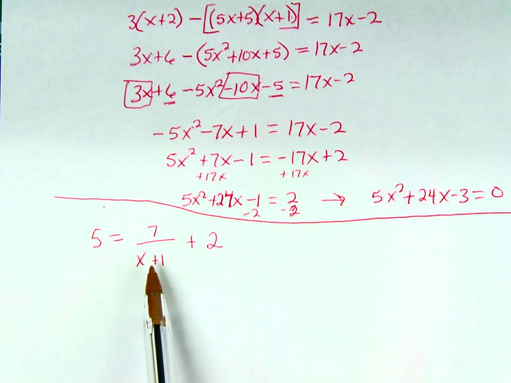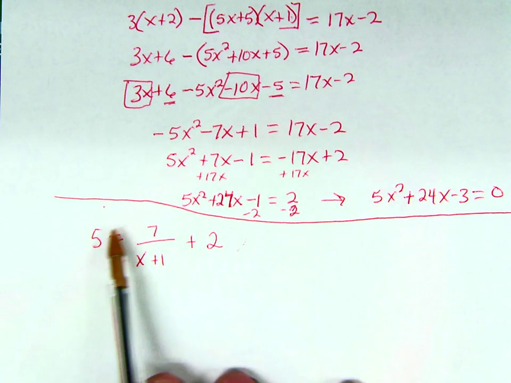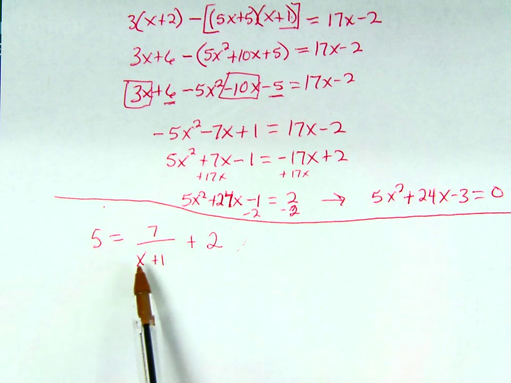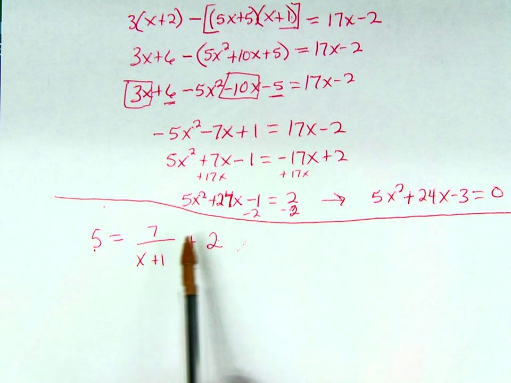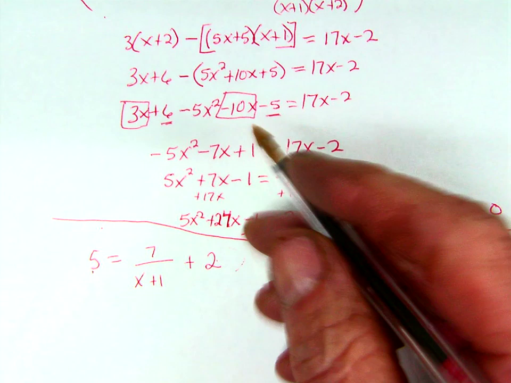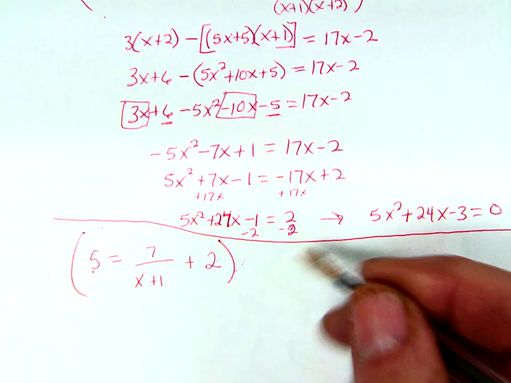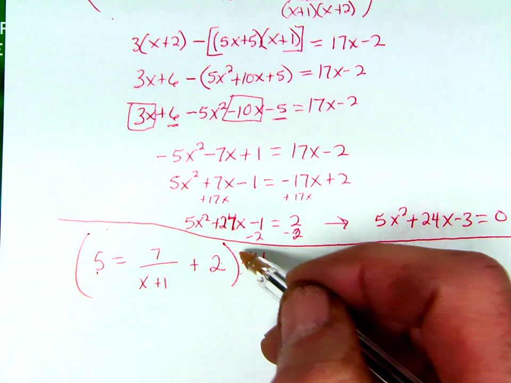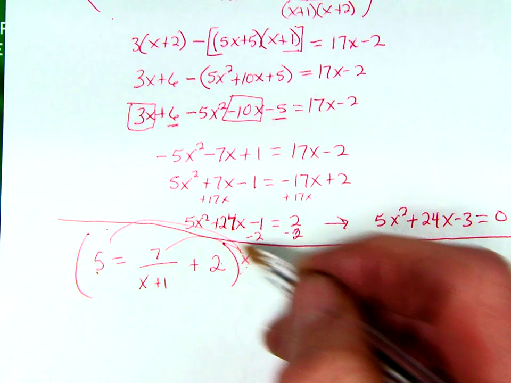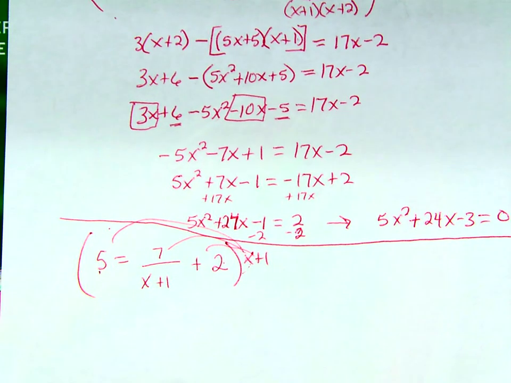Okay, lastly, what about one that looks like this? Well, whole number, fraction. I can still use this method here, x plus 1, distributive property. And what that does is it gets rid of the fraction.